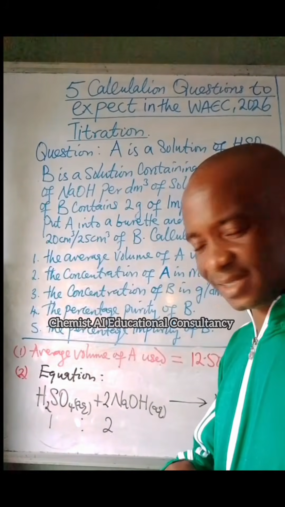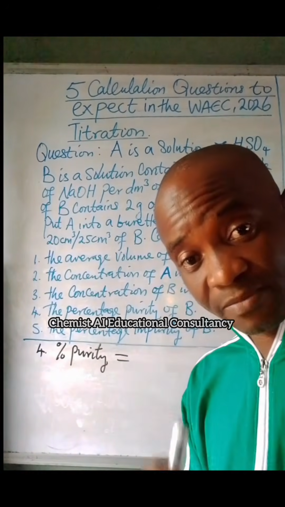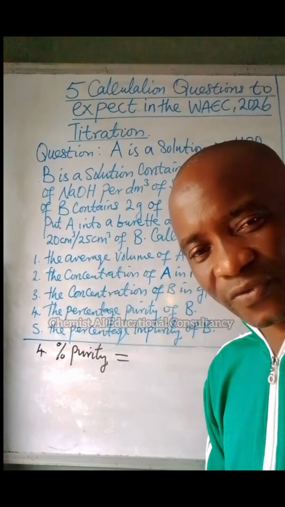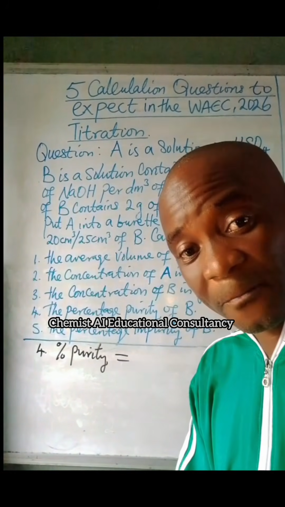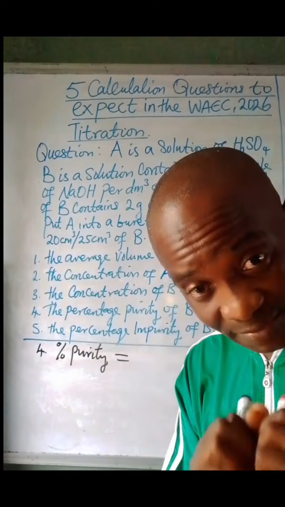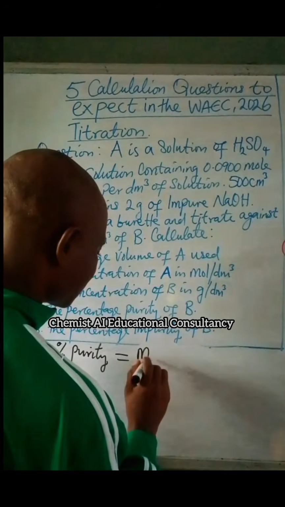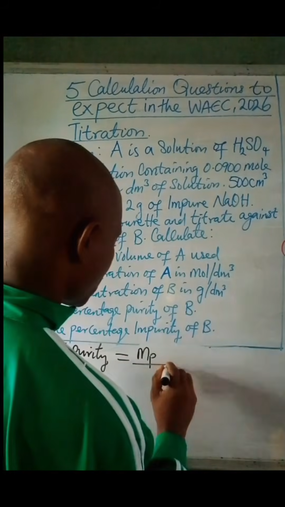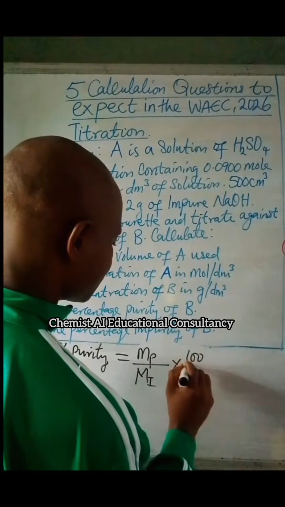Now to the main business, the percentage purity of B. Purity simply means the pure part of impure substance, or it is the impure substance minus the impurity. That is purity. Percentage purity is simply mass of the pure substance over mass of impure substance times 100 over 1.